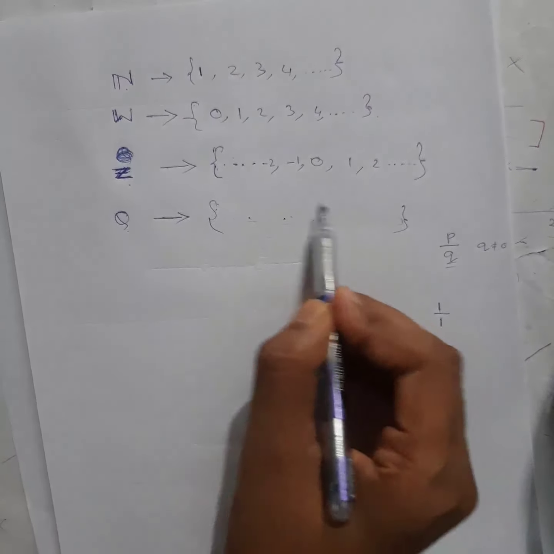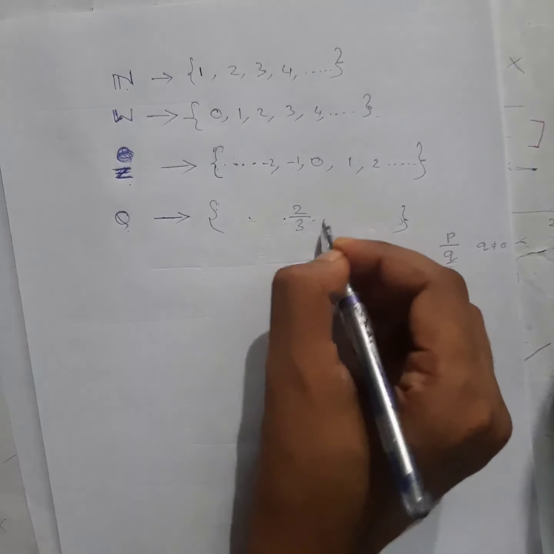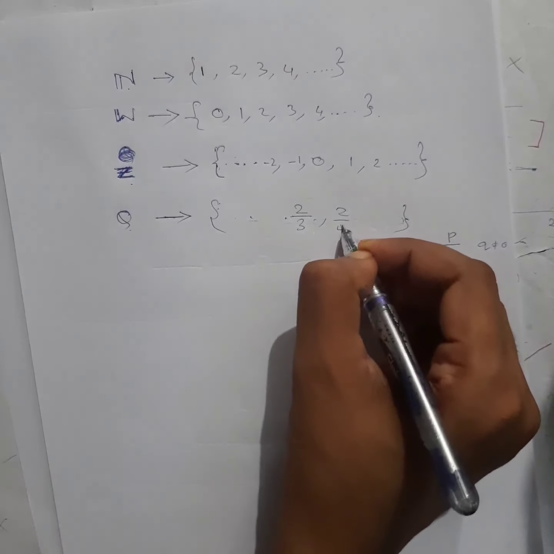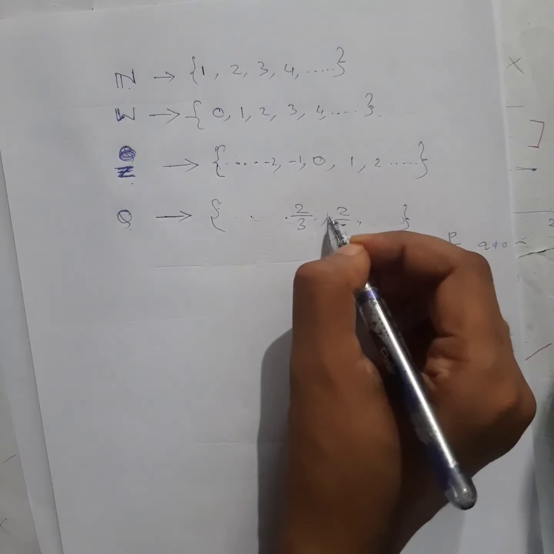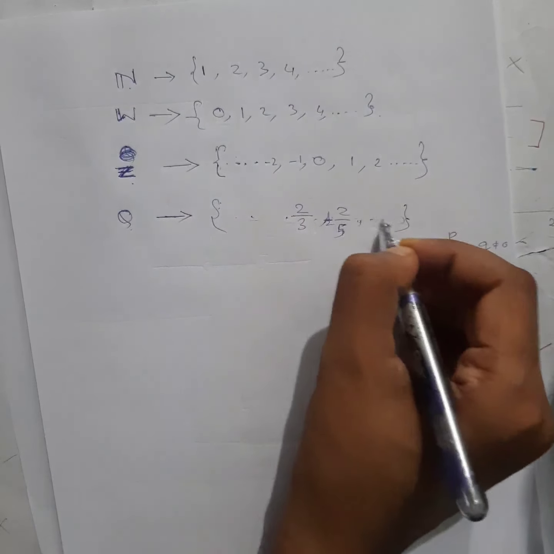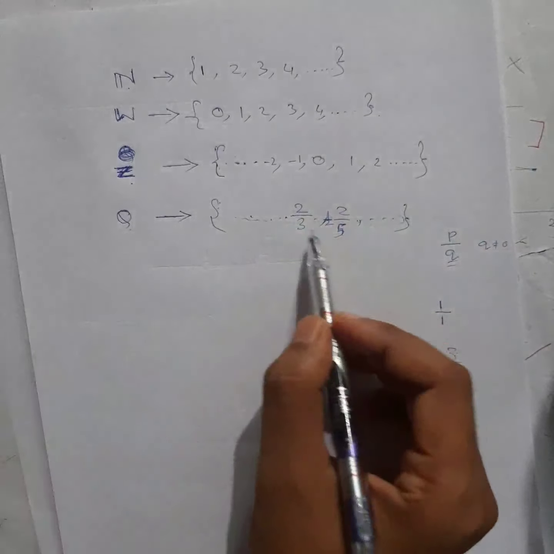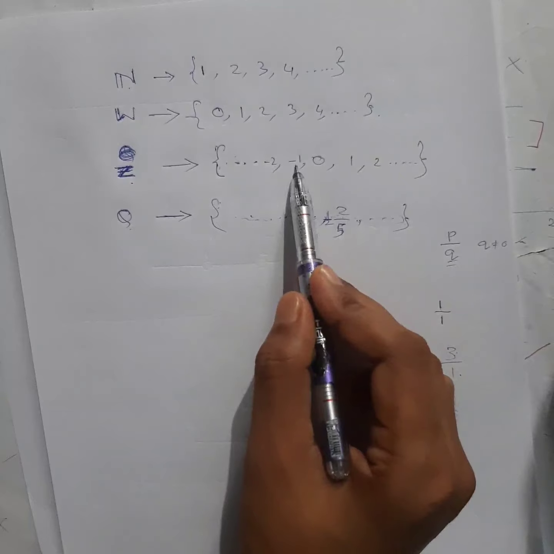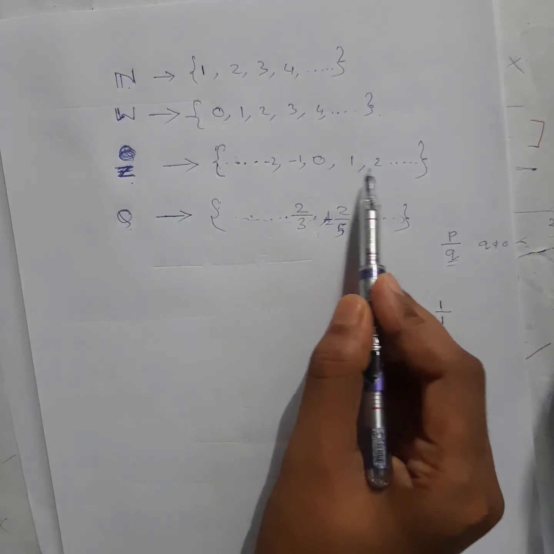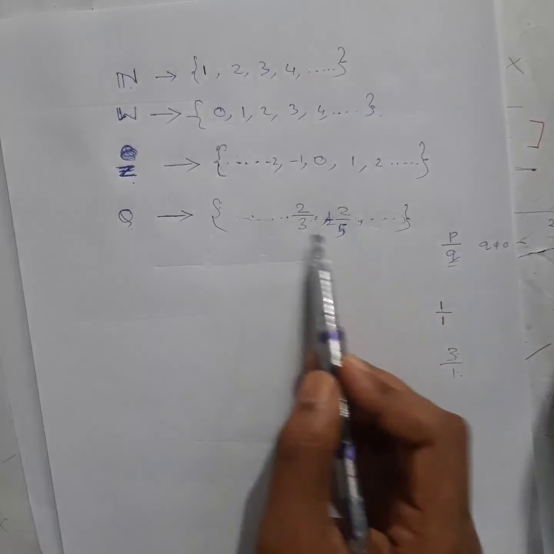Here infinite elements will be there like 2 by 3, 2 by 4, or 2 by 5. 2 by 4 will be 1 by 2 only, right? Infinite numbers of elements will be there, but exactly you cannot put the position here. In the integer case, you can write 0, 1, 2, 3 like that. I will teach you how to write this kind of set. That only we are going to study now.